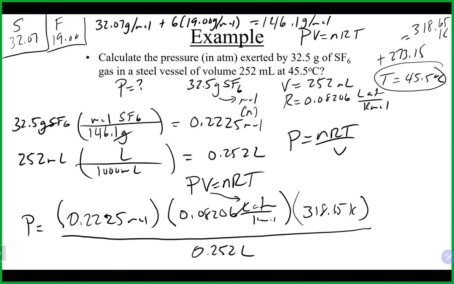Again, because everybody's in the right units, they will agree and cancel out with our R value, leaving us atmospheres, which is the only unit left, which is a pressure, so that's good. So 0.2225 times 0.08206 times 318.65 divided by 0.252 is going to yield us 23.1 atmospheres in this case.